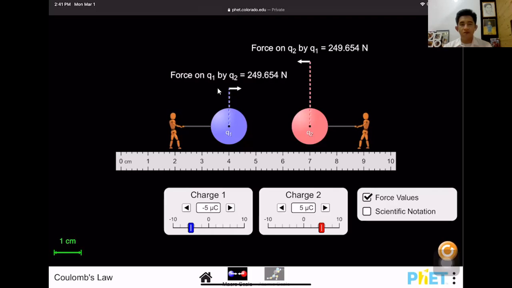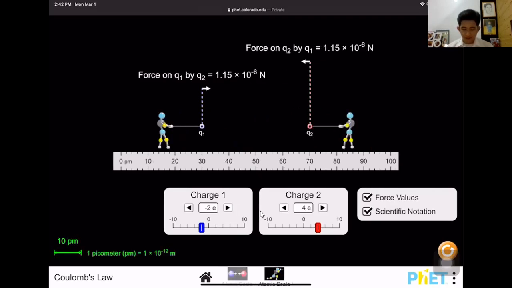The force on Q1 by Q2 is pulling Q1, while on the other hand, Q2 is being pulled by Q1. So they are pulling one another. That's why they are attracted to one another. This is how we are able to see it.